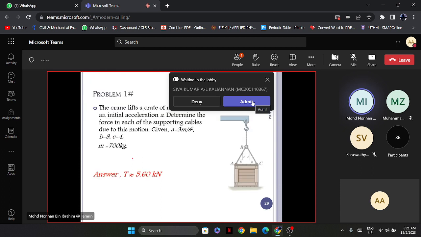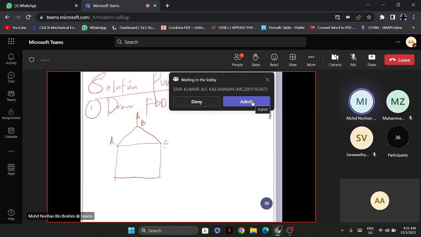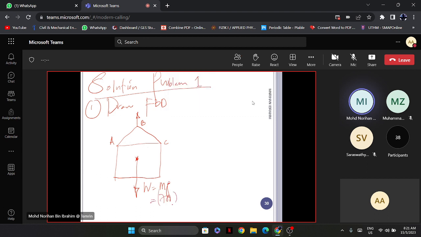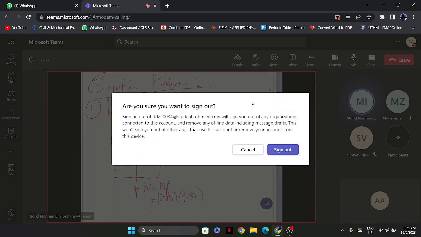It's given that the mass of this crate is equal to 700 kilograms. We consider this the center of mass, so the weight is mg, which is equal to 700 multiplied by 9.81. That is equal to 6867 newtons for this W.